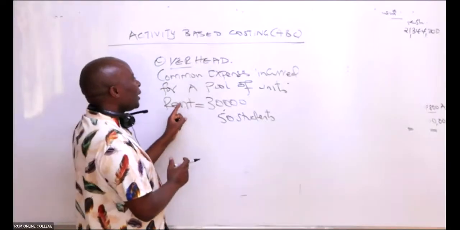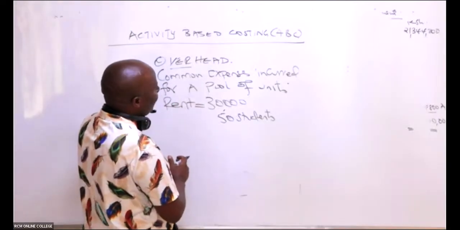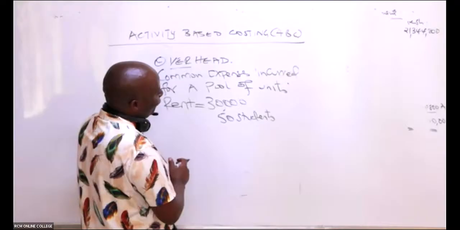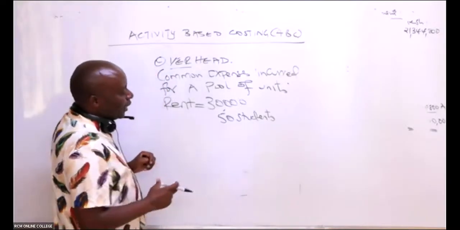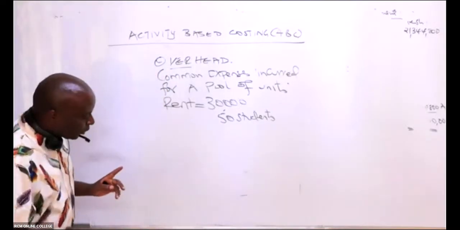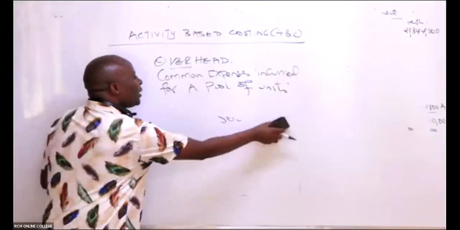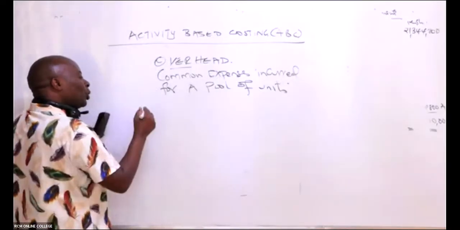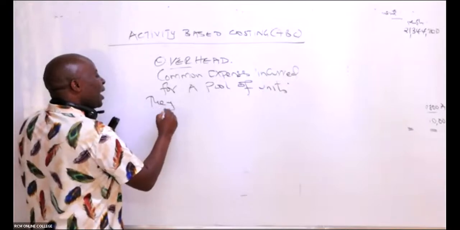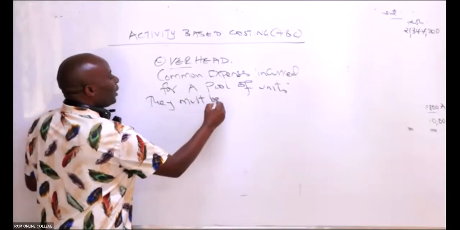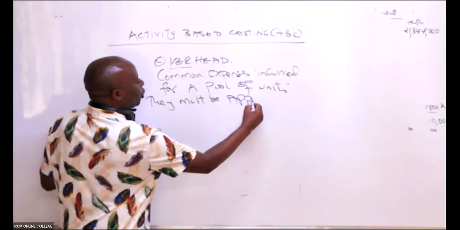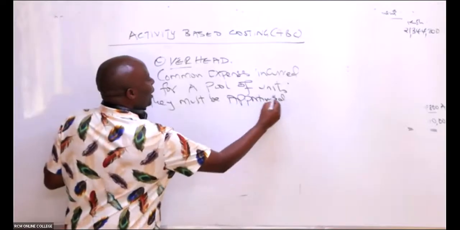So overhead is a common expenditure incurred for a pool of many units. Very important. So at the end of the day, these overheads must be apportioned to individual units.